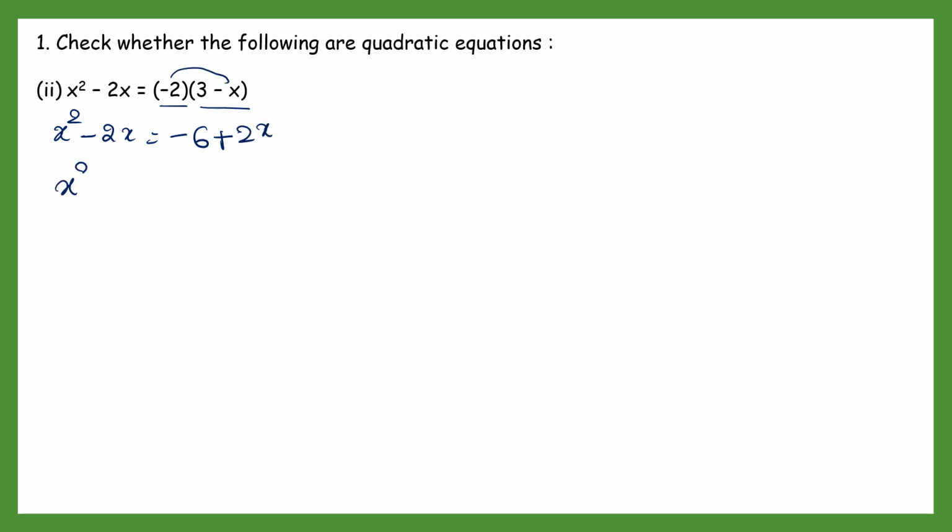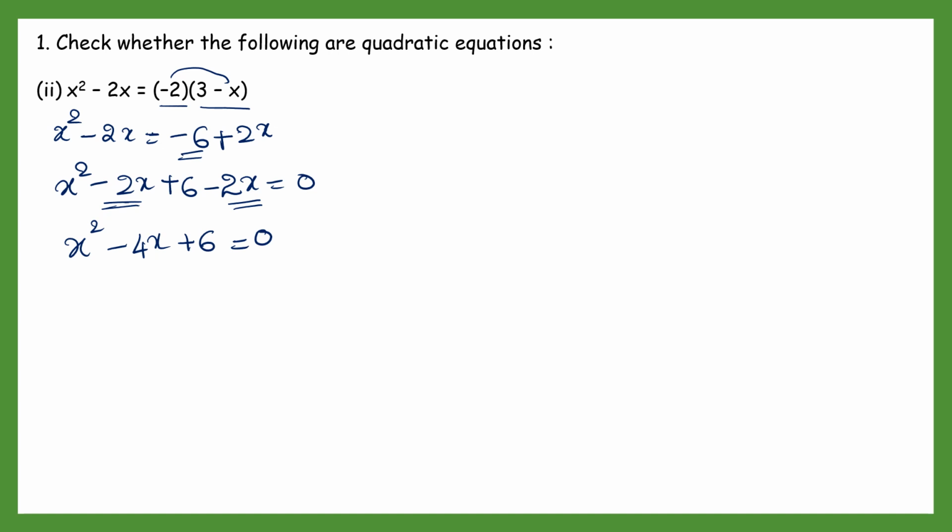So let's get all the terms to the left side. X square minus 2x. This minus 6, if it comes to the left side, will become plus 6. Plus 2x, if it comes to the left side, will become minus 2x. X square minus 2x minus 2x will become minus 4x plus 6 is equal to 0.